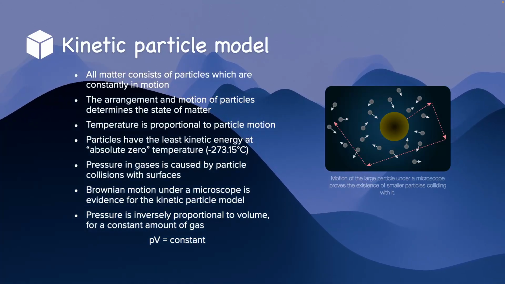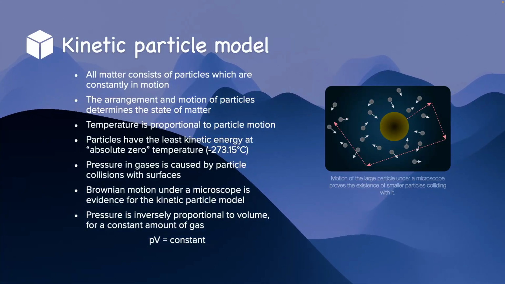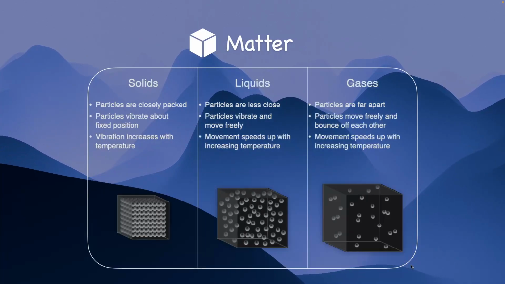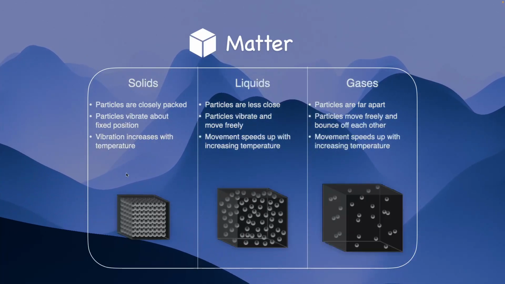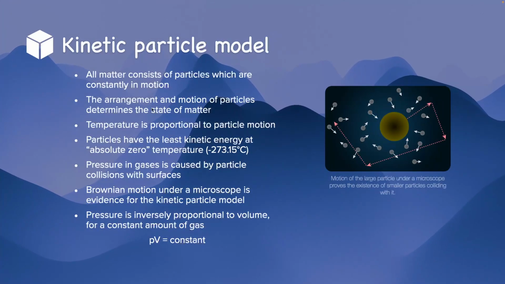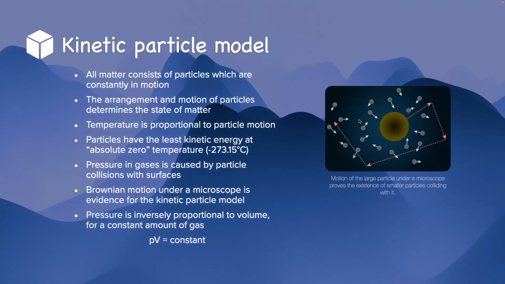The arrangement or spacing between these particles determines the state of matter. So you can see in these diagrams, as the space between these particles increases, the state of matter goes from being a solid to being a liquid to being a gas. Temperature is proportional to particle motion and to the distance between these particles.